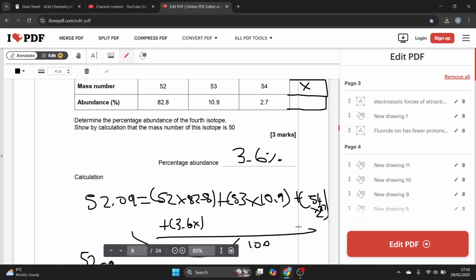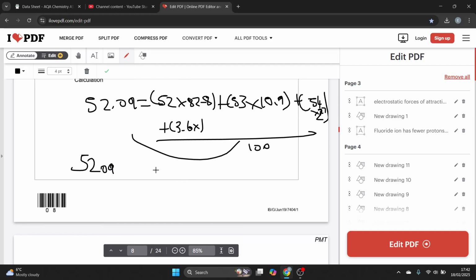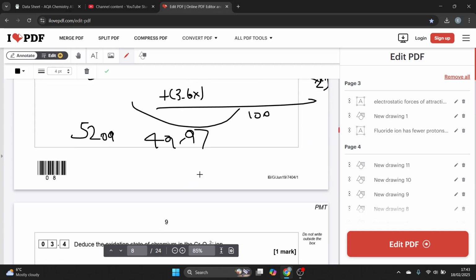And if it was 7.7, you'd get a negative value, then that won't work. Then 5209 minus my answer, and then divide by 3.6. And I get 49.97, so therefore, yeah, 50. That's equal to x, therefore x equals 50, the mass number.